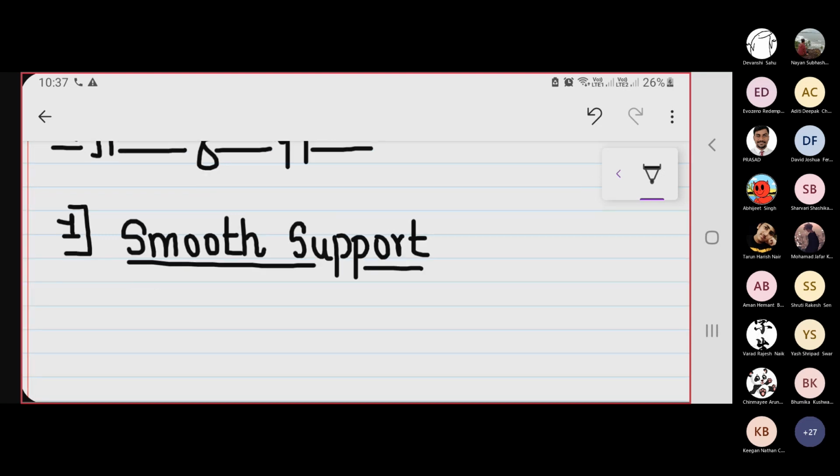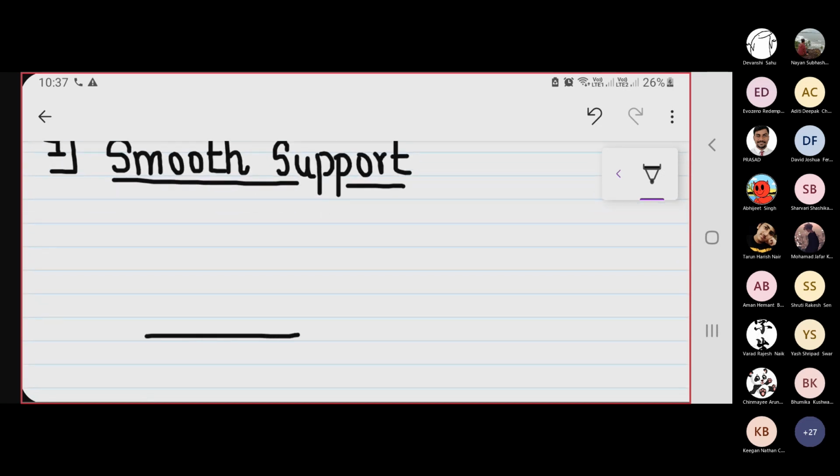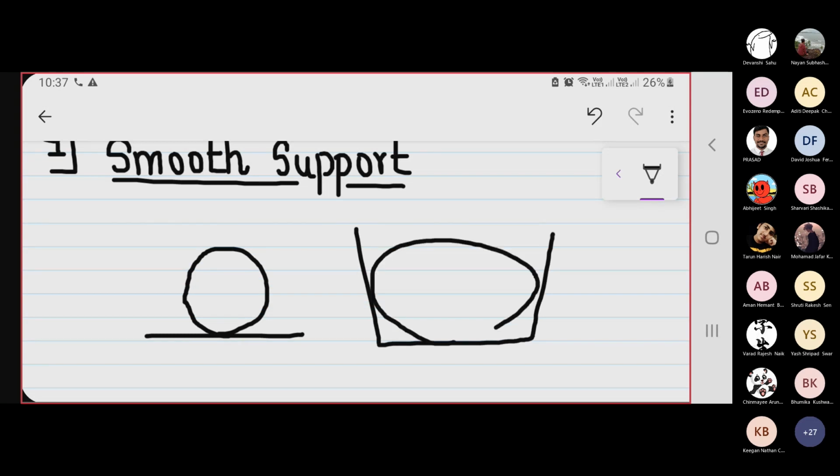We already studied smooth support like this problem, and we solved such problems a number of times.